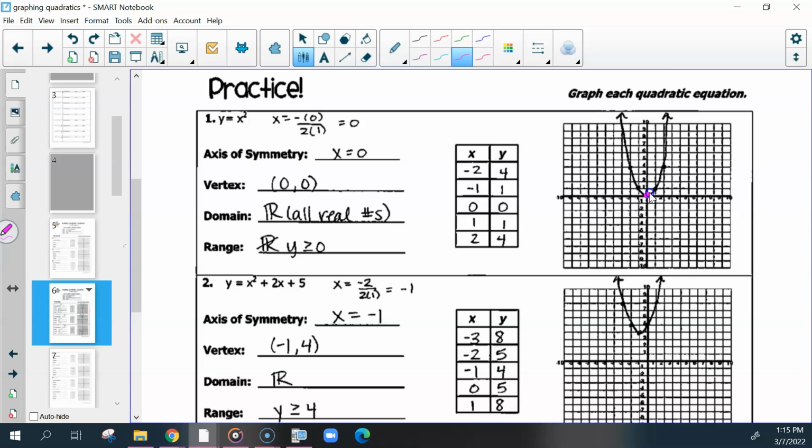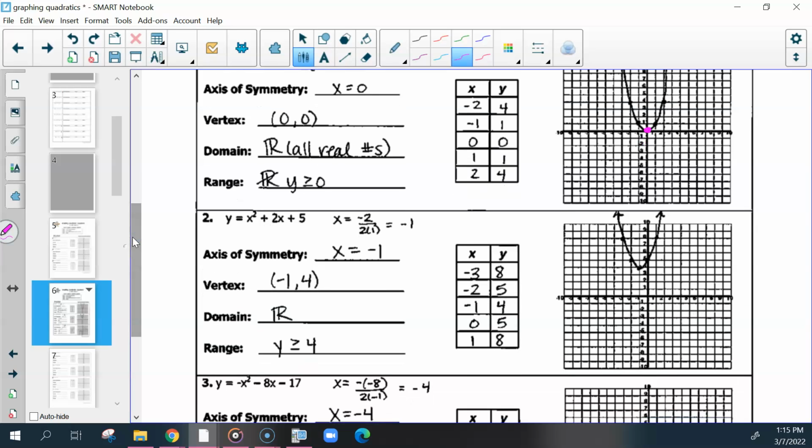So anywhere it crosses or touches the x-axis would be your solution, or x-intercept, or root, or zero. And when we write these solutions, they're going to be ordered pairs. This one was also given to you in your table, so be on the lookout for that, because sometimes that happens.